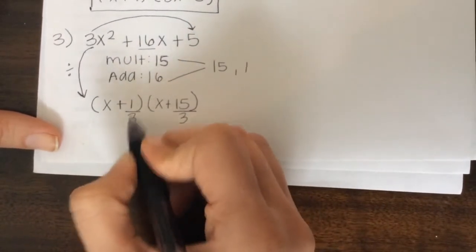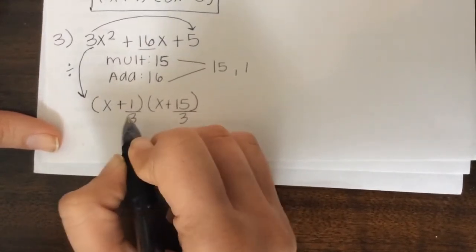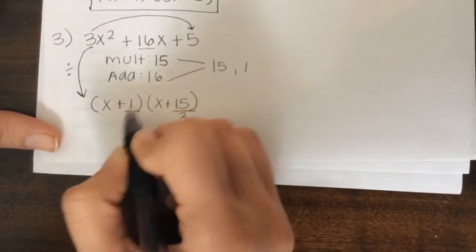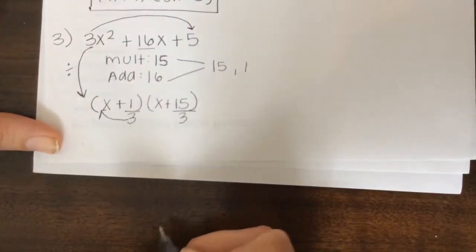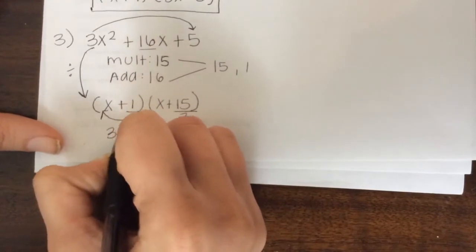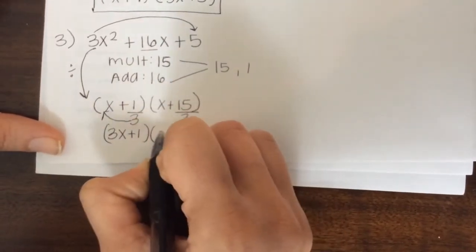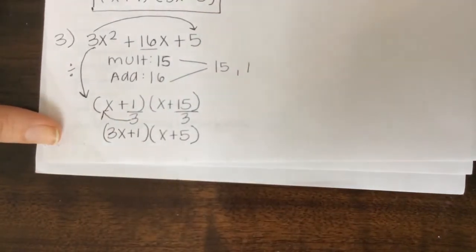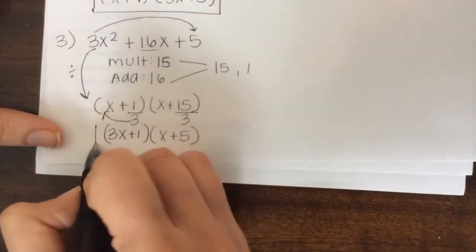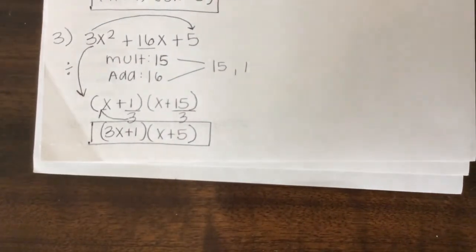Okay, 1/3 is in its reduced form, its most simplified form, and that's still a fraction, ugly number, so we're going to slip that 3 right back in front of the x. So 3x plus 1. 15 divided by 3 is 5. So we can go ahead and reduce that to x plus 5. So you should have gotten 3x plus 1 times x plus 5.